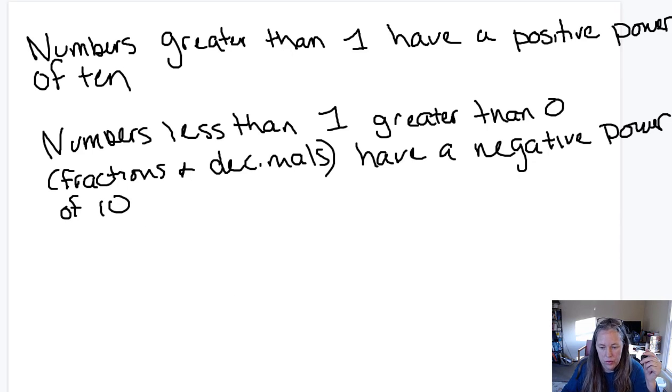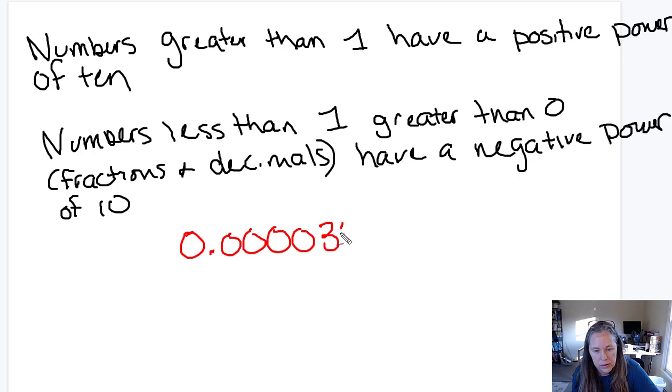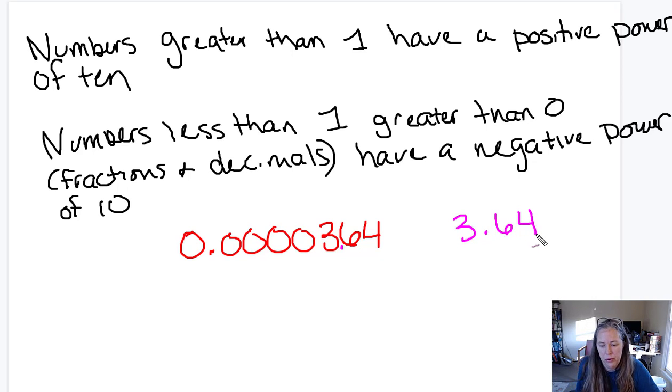Okay, so for example, 0.0000364. Step 1 is figure out where you're going to put the decimal. In this case, we're going to put the decimal between the 3 and the 6 because that gives us 3.64, which is between 1 and 10.